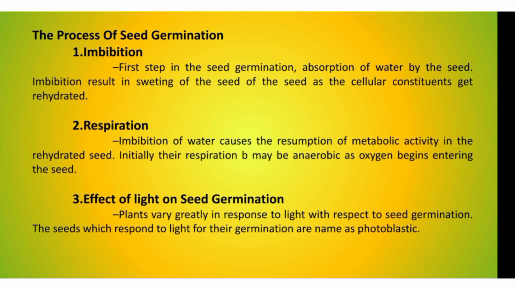The imbibition of water causes the resumption of metabolic activity in the rehydrated seeds. We have aerobic and anaerobic respiration. Anaerobic respiration was mentioned earlier. Initially, the respiration may be anaerobic, as oxygen begins entering the seeds.